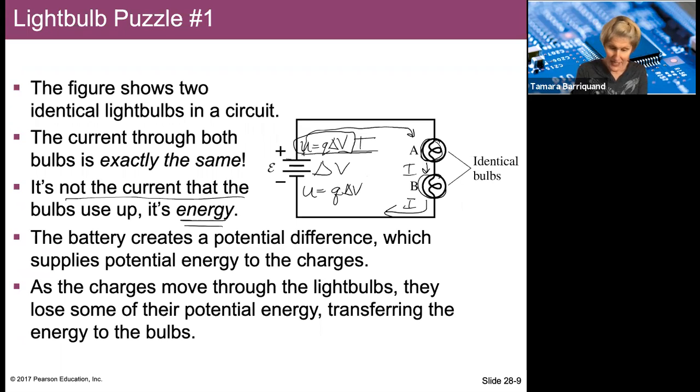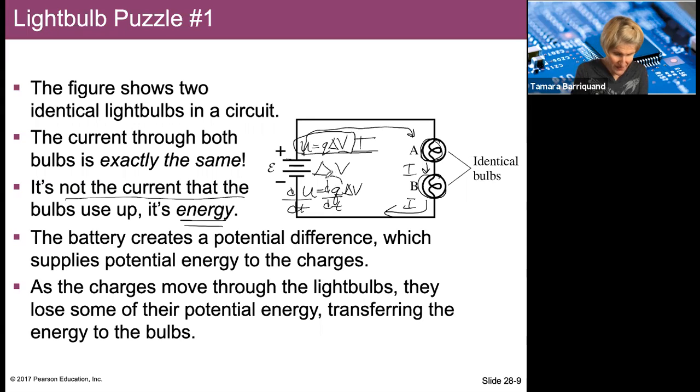If we want to get the power supplied, well, that's going to be the energy over time. So that's going to be dU/dt. And so that will be dQ/dt times delta V. That's not really changing, but the charge is changing.